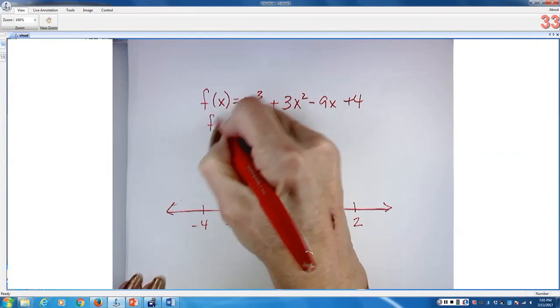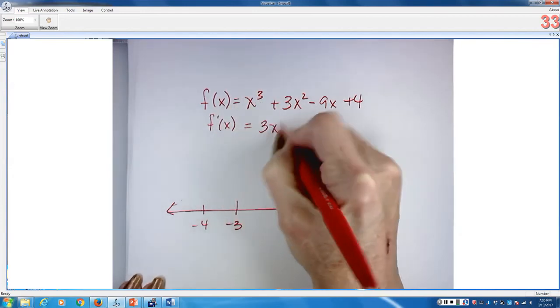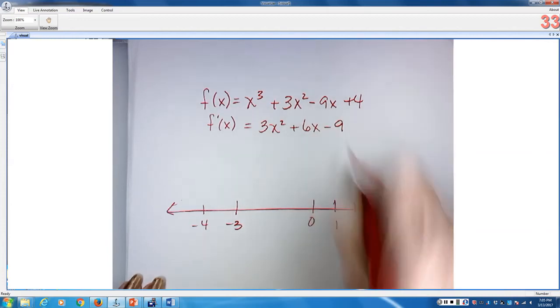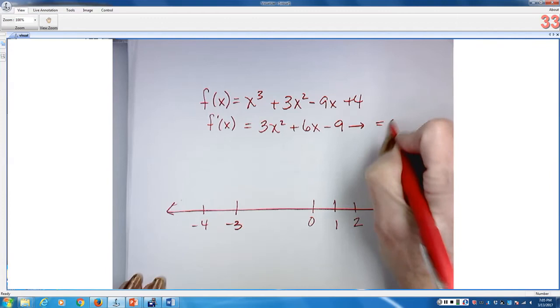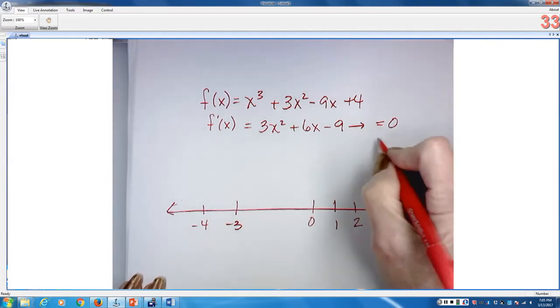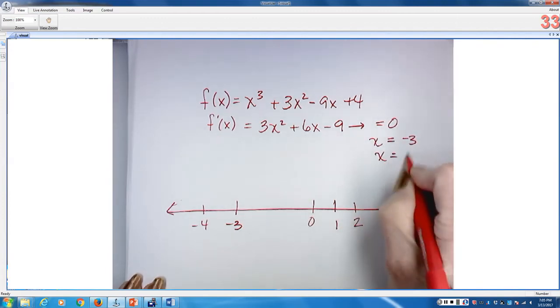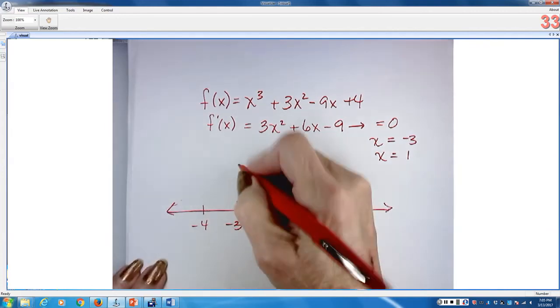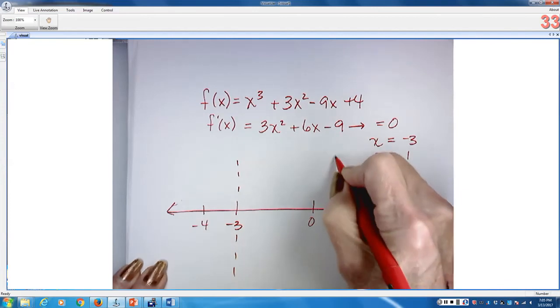I'm going to find f prime of x, which was 3x squared plus 6x minus 9. And when I set it equal to 0, I found out that x was equal to -3 and x was equal to 1 when the derivative was equal to 0. So that made these the critical numbers.